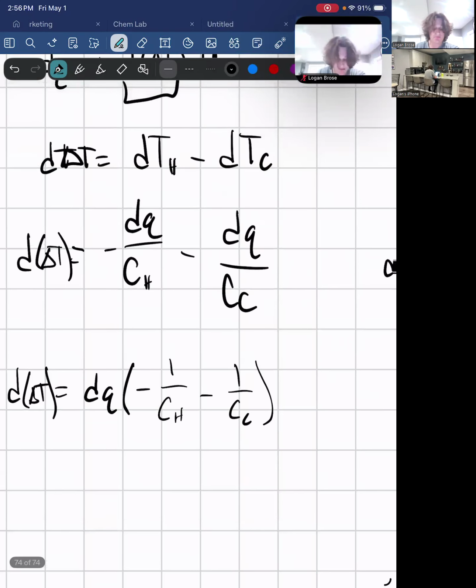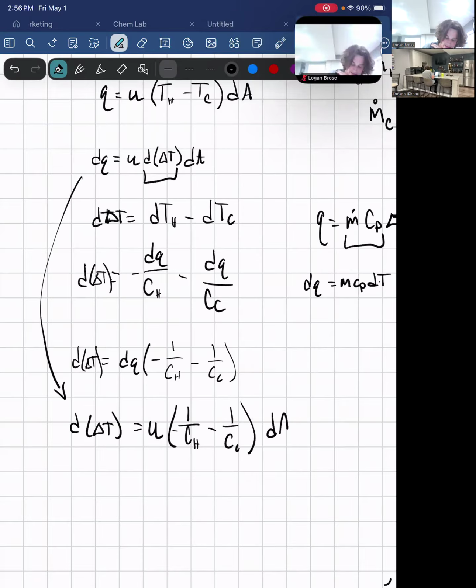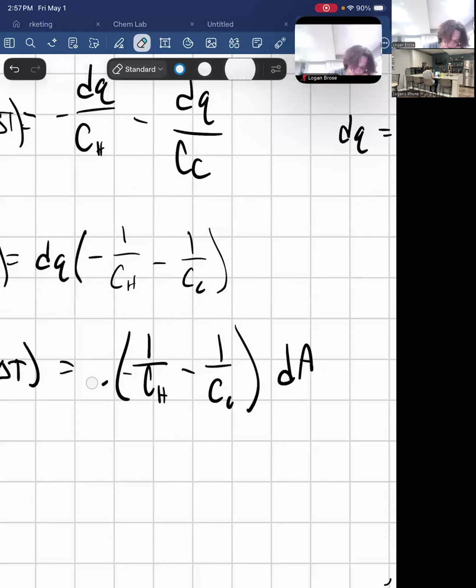Then we can plug this back into the expression here and solve for d delta T. When we do that, we get d delta T equals U times 1 over CH minus 1 over CC dA, with our delta T in here.